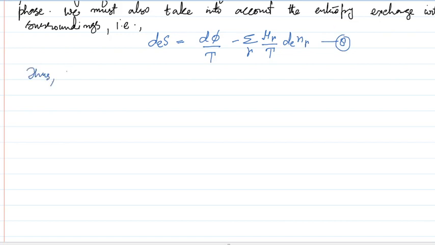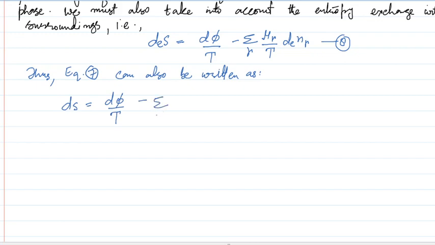So this equation 7 can also be written as, we will write dS will then be equal to d phi upon T minus summation gamma mu gamma upon T dE n gamma plus A upon T d zeta. So this is equation 9.